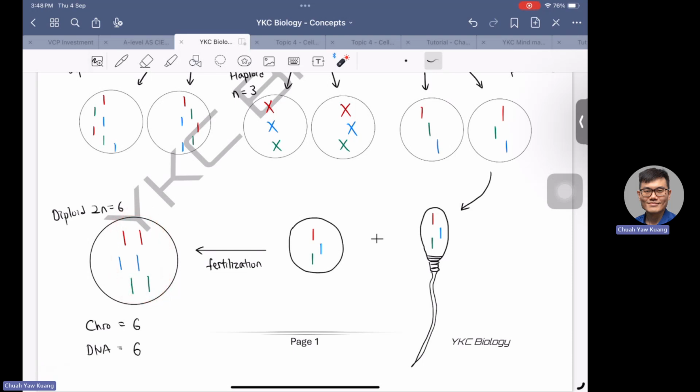Only then will all of these cells be identical, and only by creating all of these identical cells can they form an individual. So that's how reproduction occurs, and that's how we apply the concepts of mitosis and meiosis to reproduction.